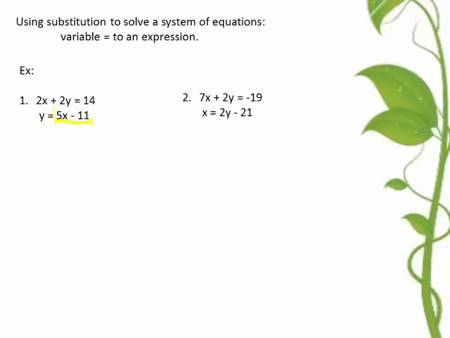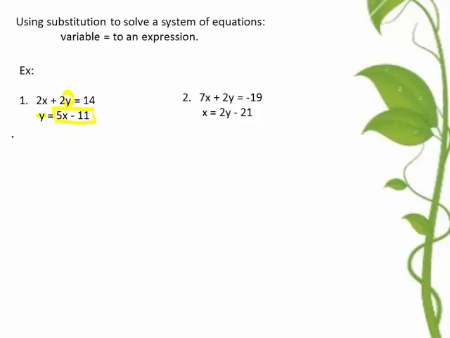We're going to take what y equals. y is equal to 5x minus 11. And we have another y. This y and this y are equivalent. So I can take this y out and put what y is equal to in its place.